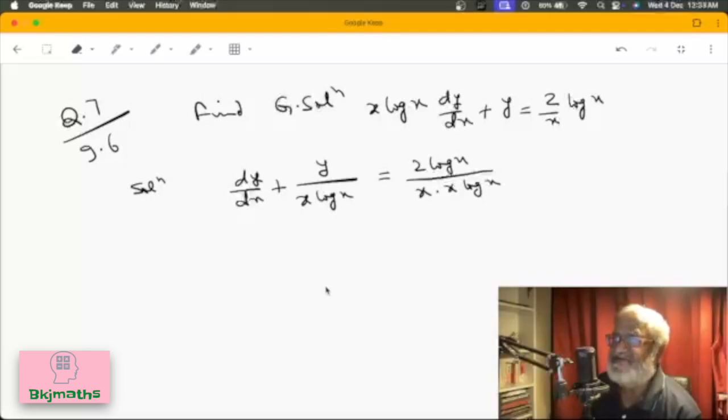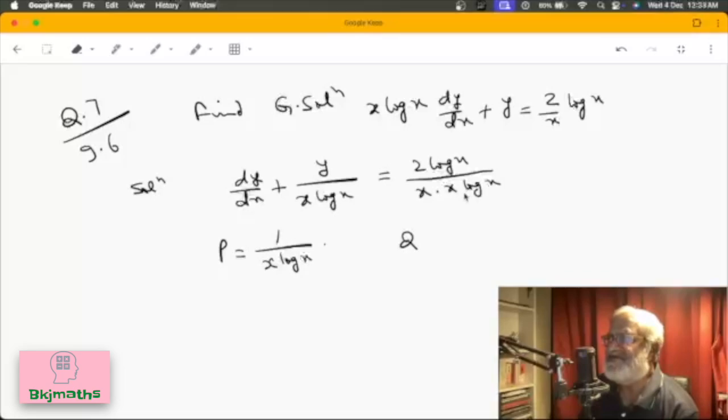And now find the value of p and q. So p is the coefficient of dependent variable y, so p is 1 upon x log x, while q is, log x cancels, q is 2 upon x square.